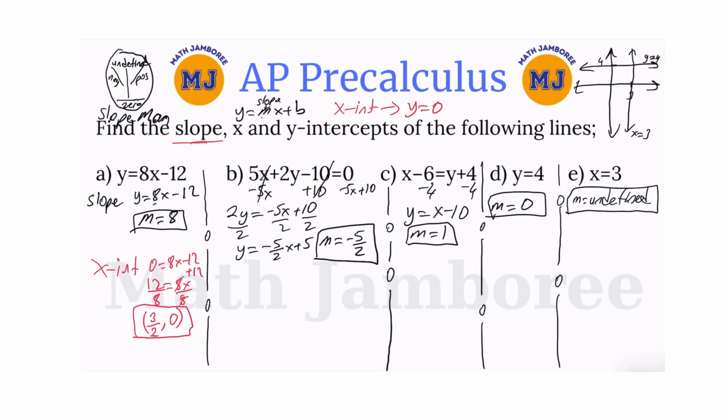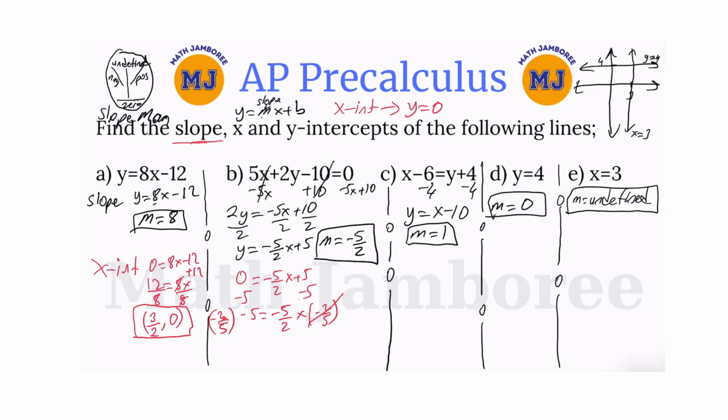Same thing in here, we're going to give 0 for y. 0 equals negative 5 over 2 x plus 5. We'll just take away 5. Negative 5 is equal to negative 5 over 2 x. To get x by itself, we need to multiply both sides by the reciprocal of this, negative 2 over 5.